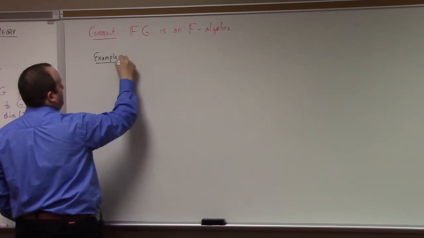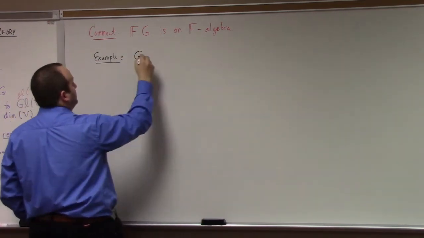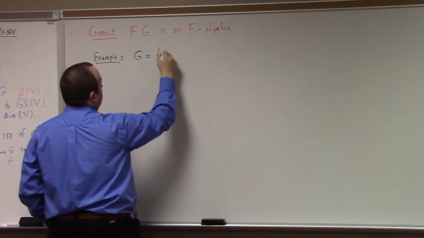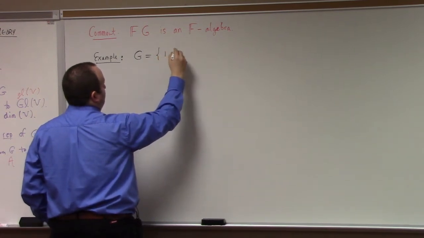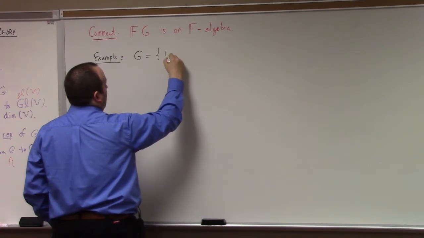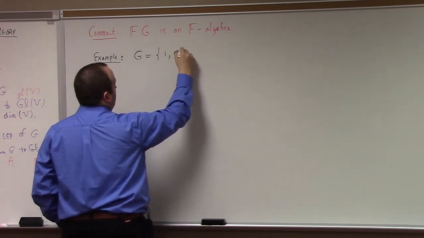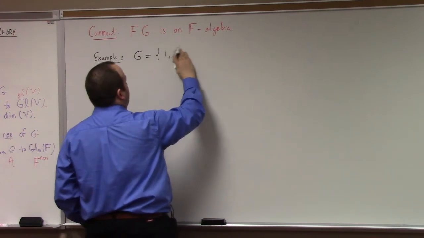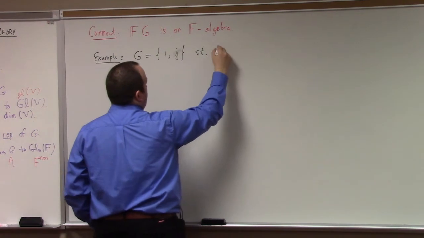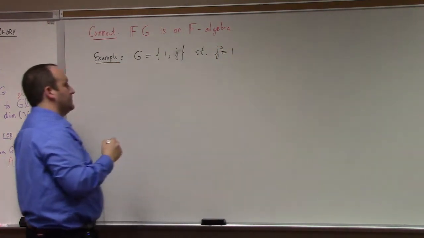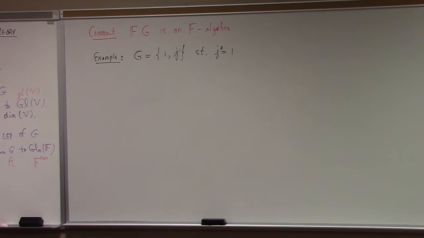Let's look at G equal to, how about 1 and J, such that J squared is equal to 1. This is a group, right? This is a group of order 2, yes? What's its Cayley table?